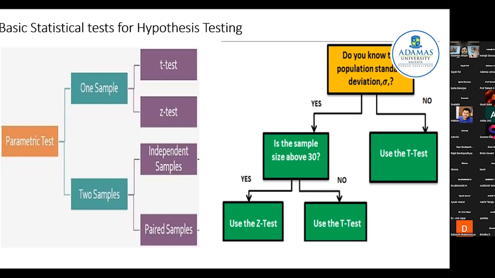These are the hypothesis tests mostly used in social science research, specifically the independent sample t-test and the paired sample t-test. The independent sample t-test has a restriction with the categorical variable.